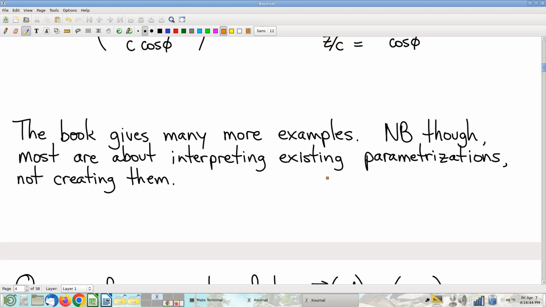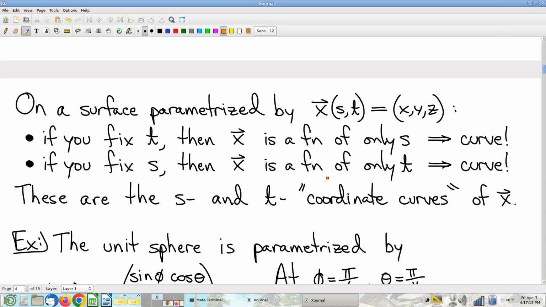So when you're looking at the book's examples, I encourage you to think in terms of turning them around, skip down to the end of the example and see what the resulting surface is, and then try to reverse engineer it. Try to figure out how you would take the thing that they realized they had a parameterization for, and work backwards to create the parameterization yourself. Okay. We'll do a couple more quick things before we call it a day.